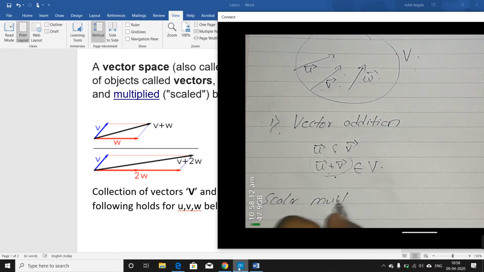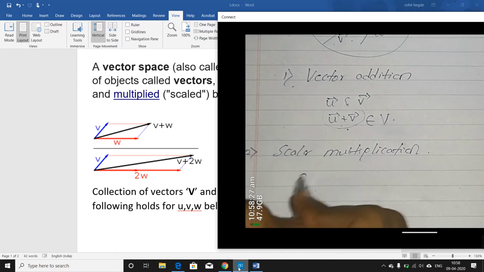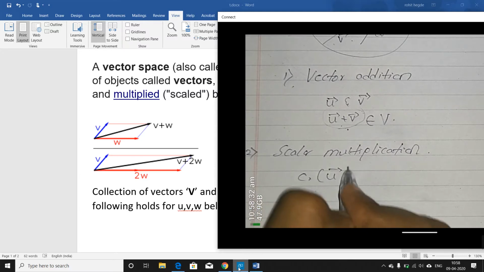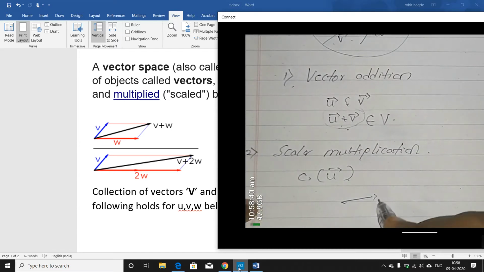multiplication. Scalar multiplication means if we have any constant, let's call it c. Okay, let c be a constant. If we multiply this c to any one of the vectors, then we will get some vector. If this is my vector u, and I am multiplying 2 with this u vector, that means 2 times u, this much plus this much.